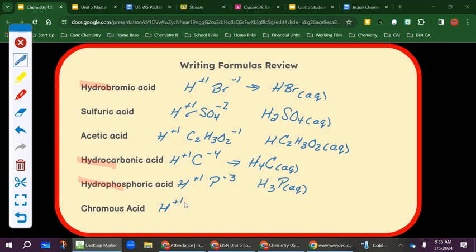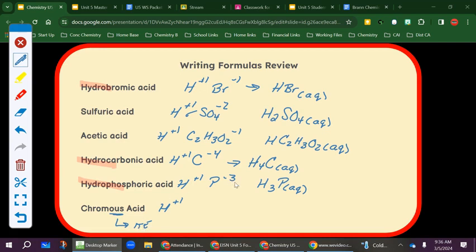Chromous acid, hydrogen +1, but chromous comes from an ITE polyatomic. You will not find ITE polyatomics on the back of your sheet. They are all ending in ATE. You have to understand that ITE means that it has lost 1 oxygen. So you will not find chromite on the back.